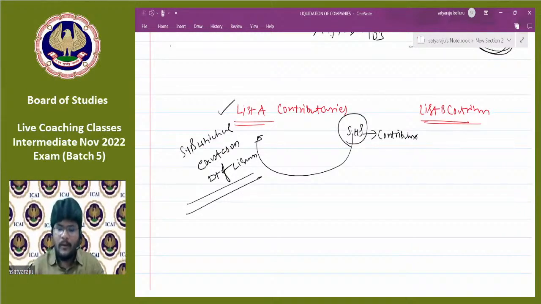For example, let us assume 10,000 partly paid up equity shares are there. Face value is 10 rupees, but the paid up value was, let us assume, 6 rupees.